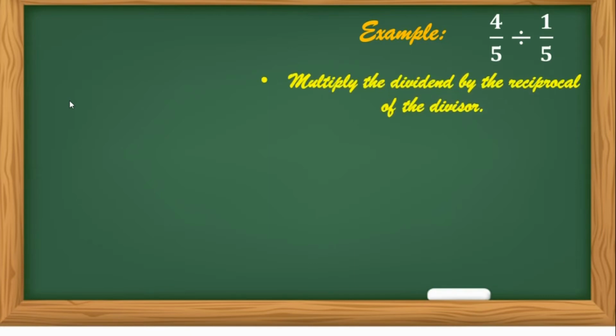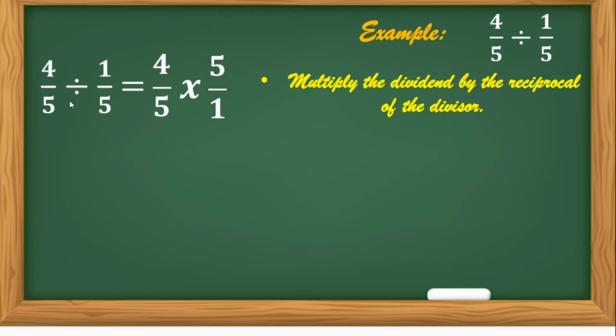The first step is just to multiply the dividend by the reciprocal of the divisor. So we have 4/5 divided by 1/5. First, we have to copy the first fraction, which is 4/5, and then change the division symbol to a multiplication symbol, and then write the reciprocal of the second fraction. Our second fraction is 1/5, so the reciprocal of this is 5 over 1.